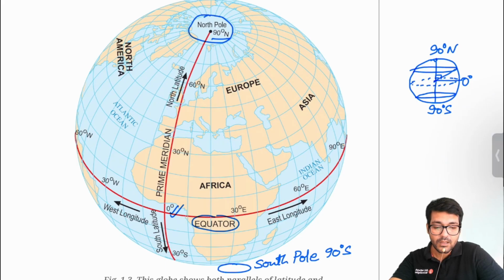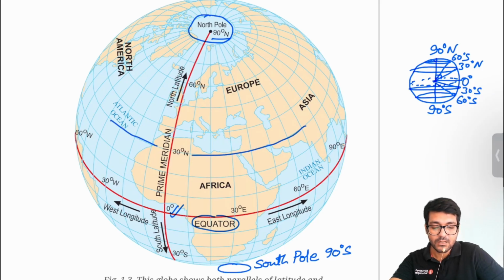Their angle from the center is named as 30 degree north, 60 degree north, etc. Similarly, those in the southern hemisphere are numbered as 30 degree south, 60 degree south, etc. You can see parallel of latitude here 30 degree north, 60 degree north here, similarly 30 degree south here.